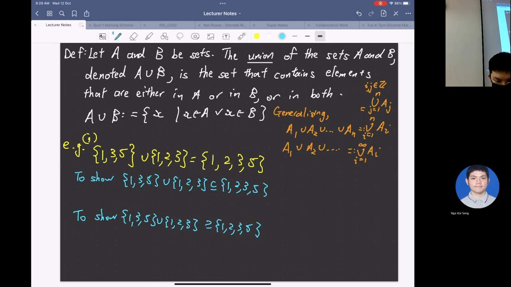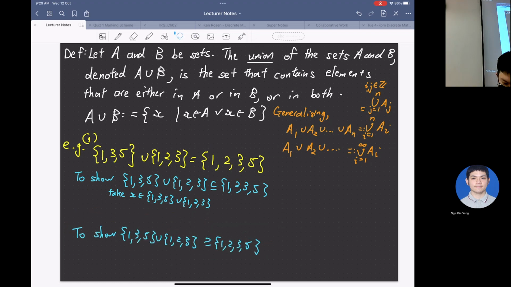So let's try an example. Take x in here. That means x is either in this side by definition, or x is in this side.